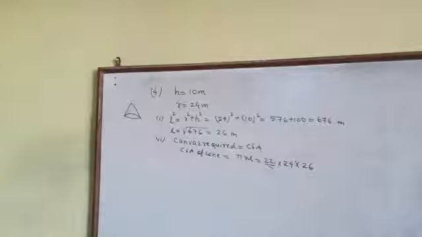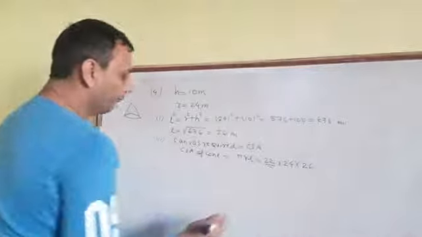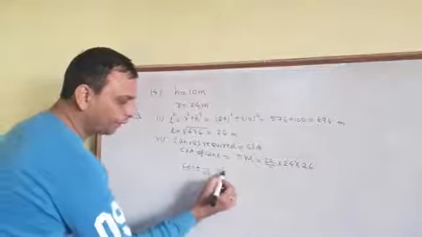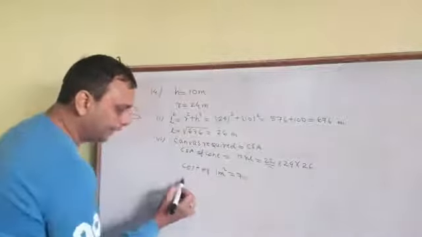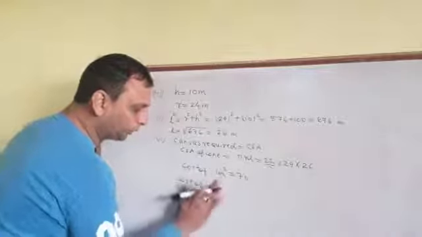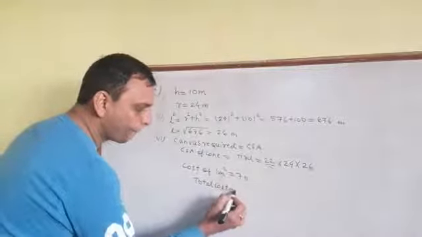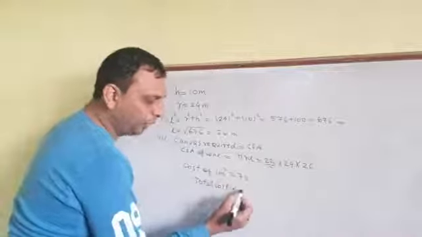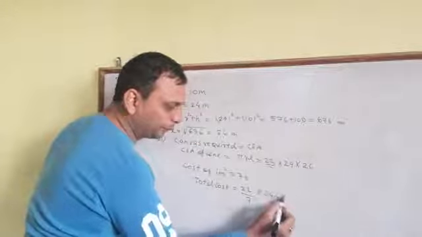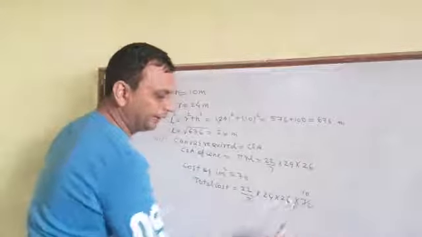Now it is written that we have to find the cost also. So whatever answer we get, it is written that the cost of 1 meter square is rupees 70, and we have to find the cost of the total tent. The total cost will be equal to whatever area we get here. I am not calculating the area separately here: 22/7 multiplied by 24 multiplied by 26 multiplied by 70. 7 will cancel with the 70, 10 times.